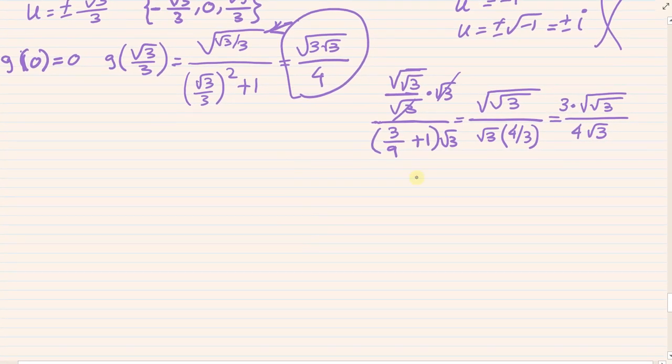And then 3 root 3 divided by 4 root 3. Multiply top and bottom by square root of 3, and this one gives me 3.